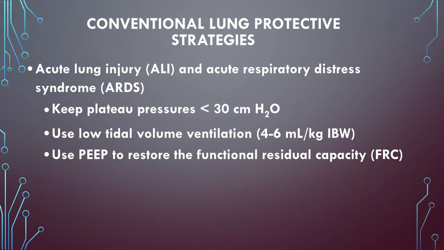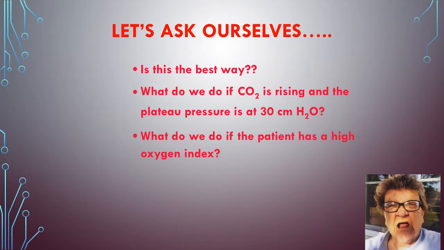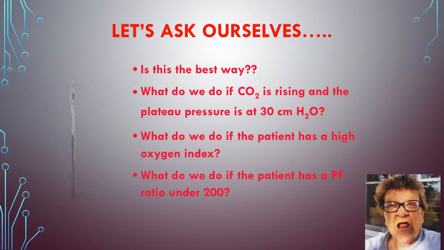We've all heard these things. But is this really the best way? What if your CO2s are rising and the plateau pressure is at 30? What do we do if the patient has a high oxygenation index? What do we do if the patient has a PF ratio under 200? That's when we really start to bring in APRV.